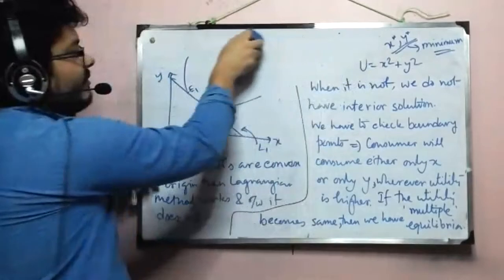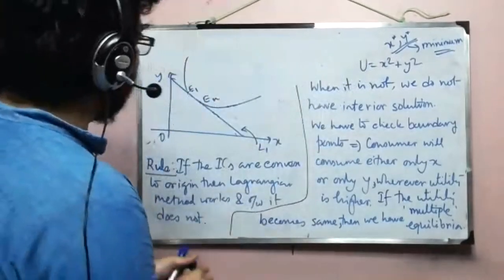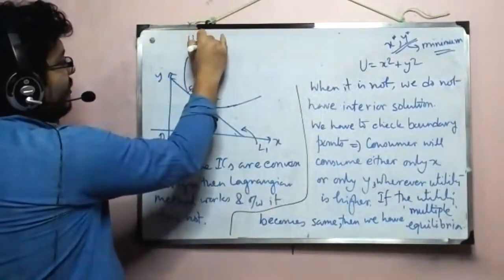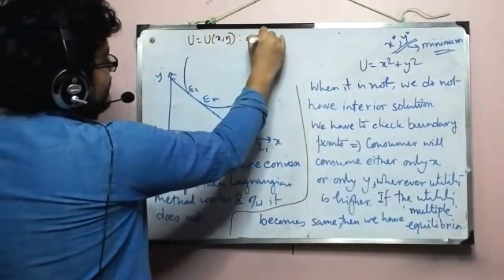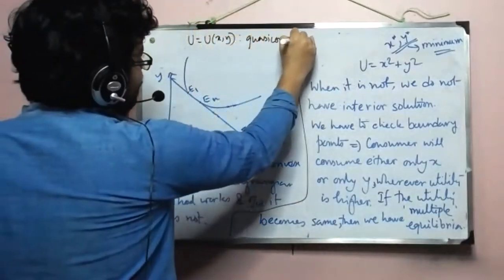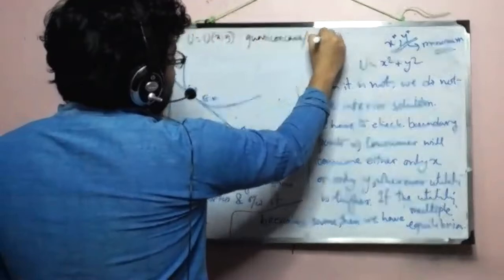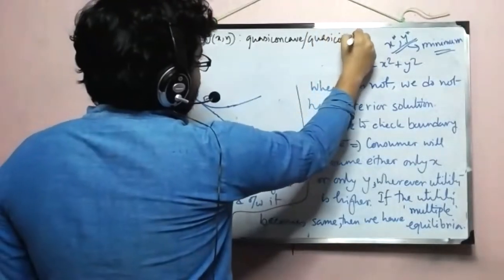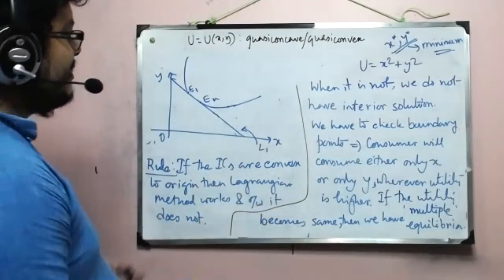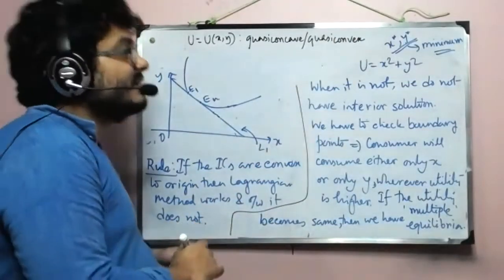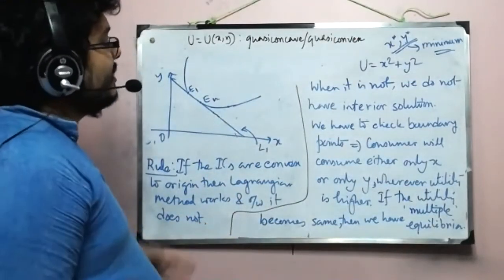Now as I said in the middle, all of this basically points to the question of whether this function, our old u equal to u of x comma y, is quasi-concave or quasi-convex, either in strict sense or non-strict sense, or it is linear, in which case it is both.